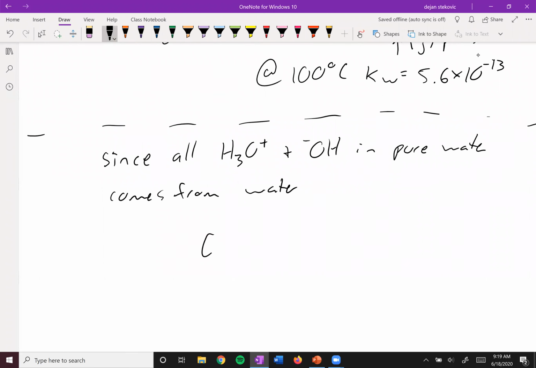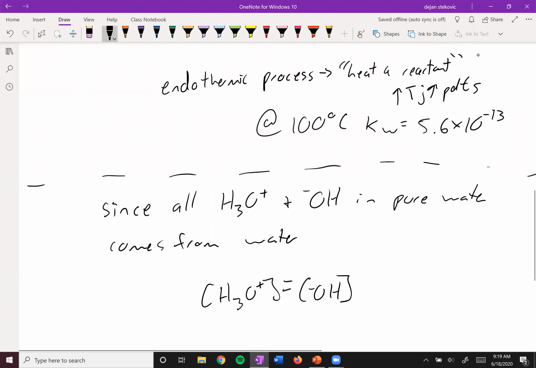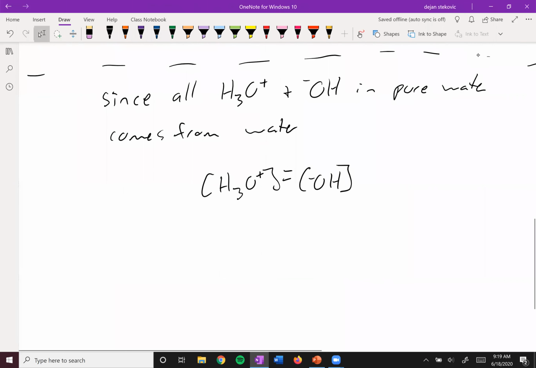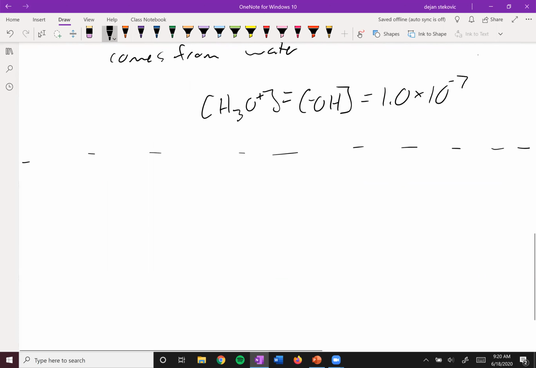The concentration of H3O plus has to equal the concentration of hydroxide, and multiplied by each other they have to equal 1.0 times 10 to the negative 14. So in pure water, both of these concentrations are equal to 1.0 times 10 to the negative 7. And we'll see why this number gets important later on.